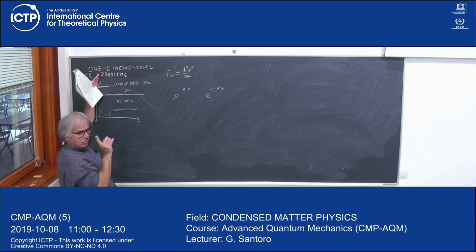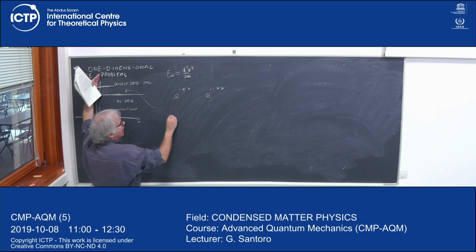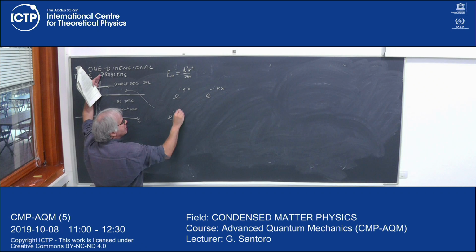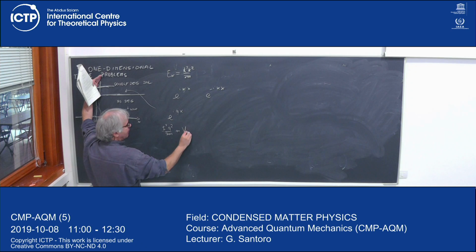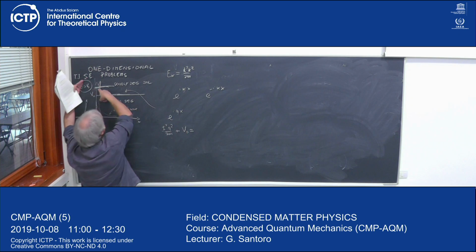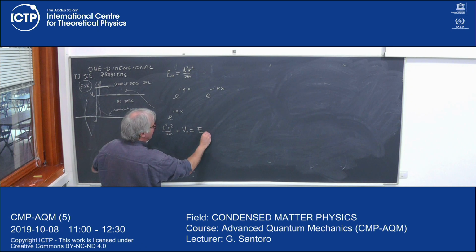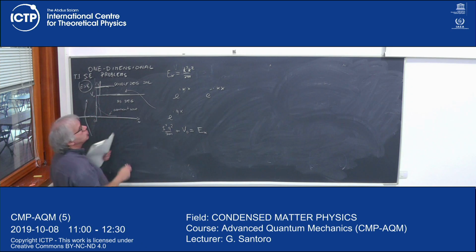Not k, some other q, so e to the iqx. I want that h bar squared q squared over 2m, summed to the V0 that I now have, makes the energy E_k that I have already chosen.